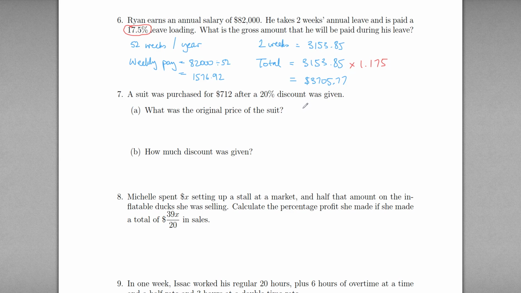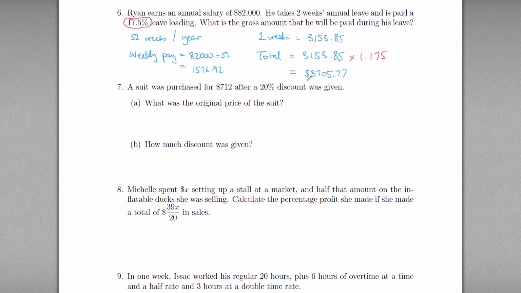Alright, so the suit is purchased for $712 after a 20% discount was given. So what's the original price? So if a 20% discount was given, what does that mean? This means that only 80% of the original price survived. Okay, so remains. Okay, which means a 712.